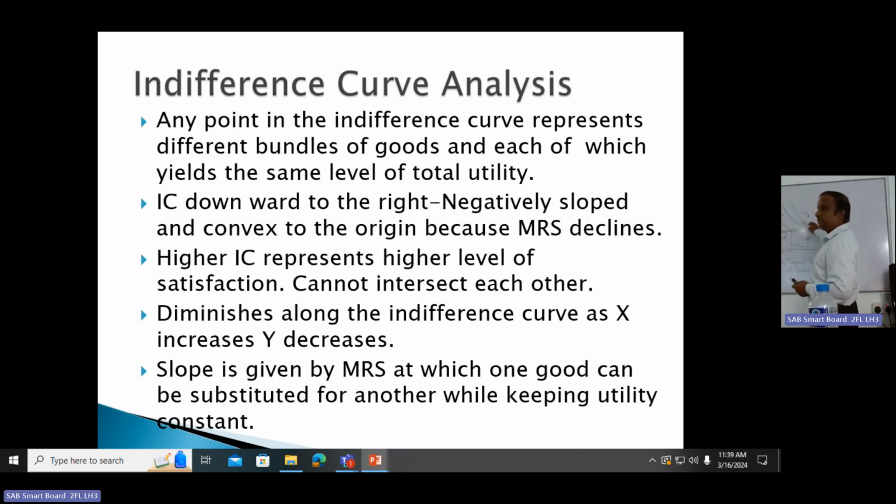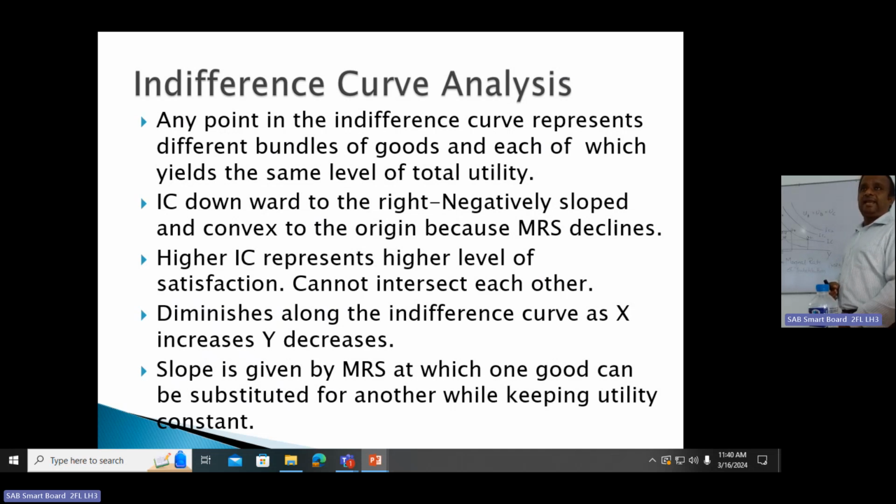The rational consumer always tries to go for a higher indifference curve, but the constraint is income, and price also affects it. So a higher indifference curve represents a higher level of satisfaction, and curves cannot intersect.